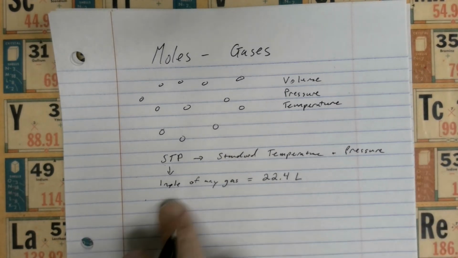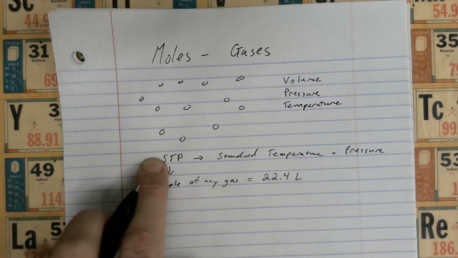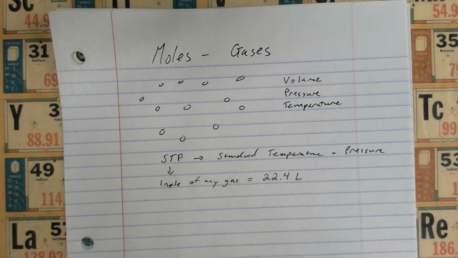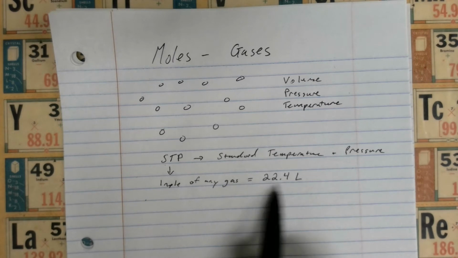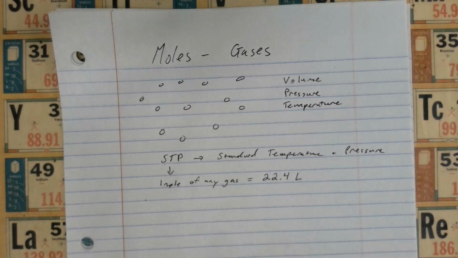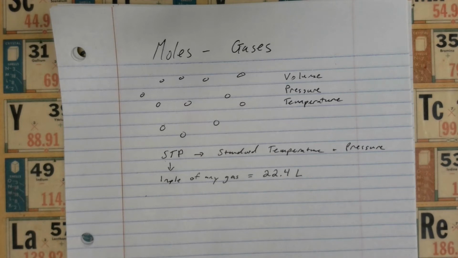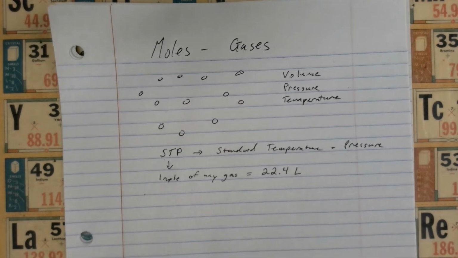So 1 mole of any gas, if the conditions are standard temperature and pressure, the volume will always be 22.4. That's just a constant that you need to get in your brain, and that's the number that we use if it's at STP. Now, will it always be at STP? No. If it is at STP, you should be happy because the math becomes pretty easy.